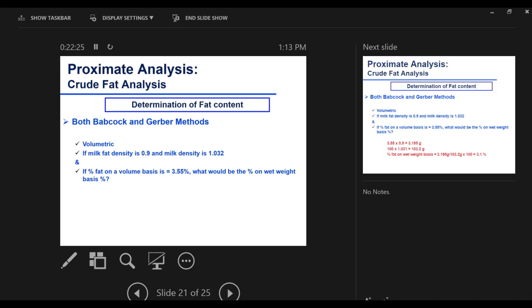So it is volumetric, volume per volume. What would be the percentage of fat on wet weight basis? That means grams per 100 grams. So what would be grams of fat per 100 grams of milk? Think about it, use it on that same piece of paper to be turned in.